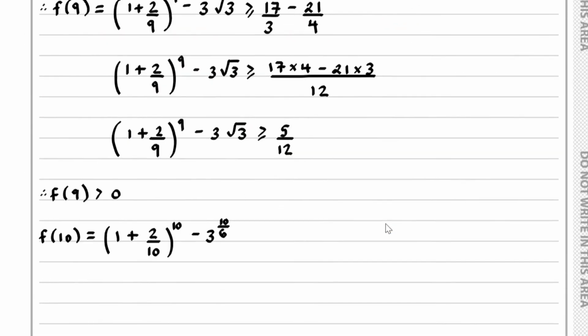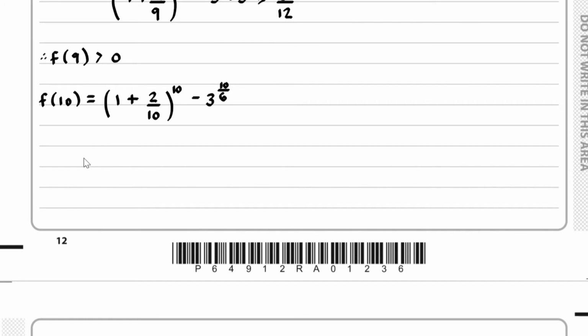Well, given what we know already, what we have is 1 plus 2 tenths, which is equal to 6 over 5. So we have 6 over 5 to the 10, subtract. Now here I've got 3 to the power of 10 over 6. So that is the same as the 6th root of 3 to the 10.